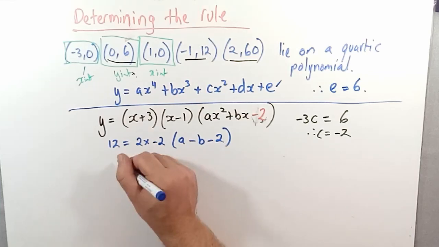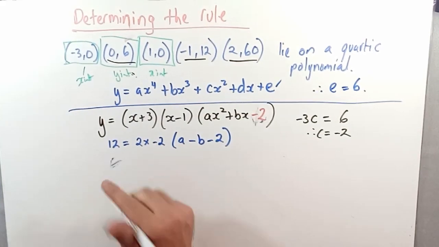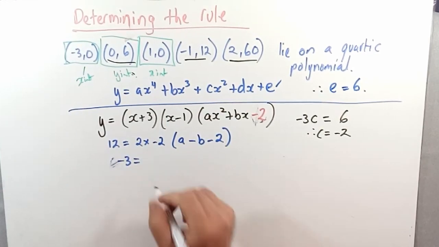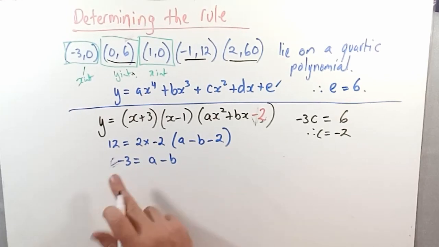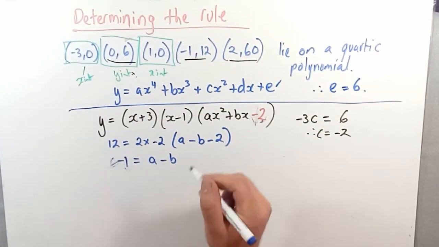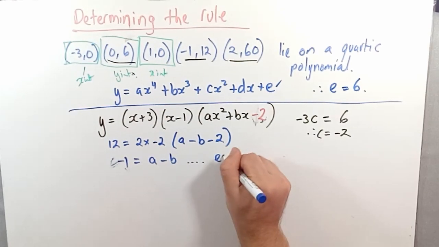Okay, so I get 12. Well, 12 divided by negative 4 is negative 3. So I get negative 3 equals a minus b minus 2. So I can add the 2 on, get negative 1. So I get negative 1 equals a minus b. Okay, that's my equation 1.